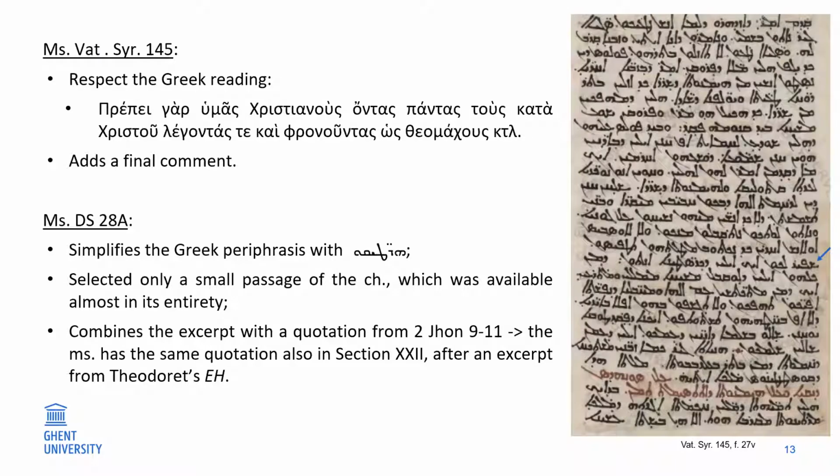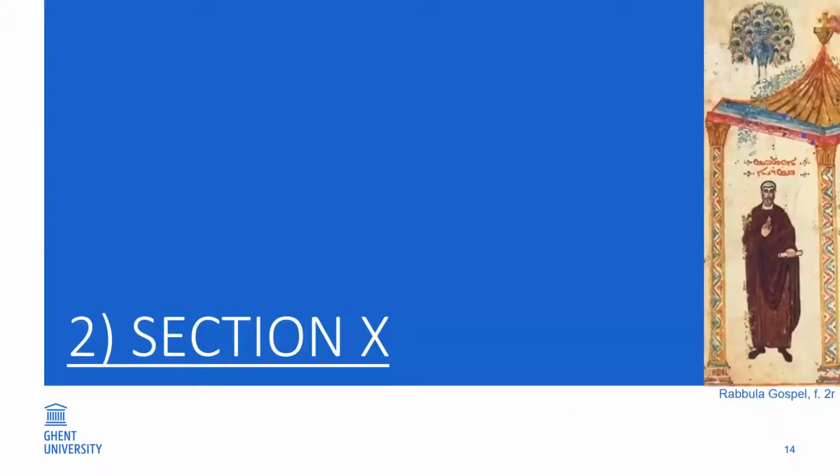I pretty much addressed everything in this slide. You can see here the reading from Greek, and I only like to further stress again that there was more available there, and our compiler made a selection and further supported this quotation with a passage from John. Let's move to the next section.